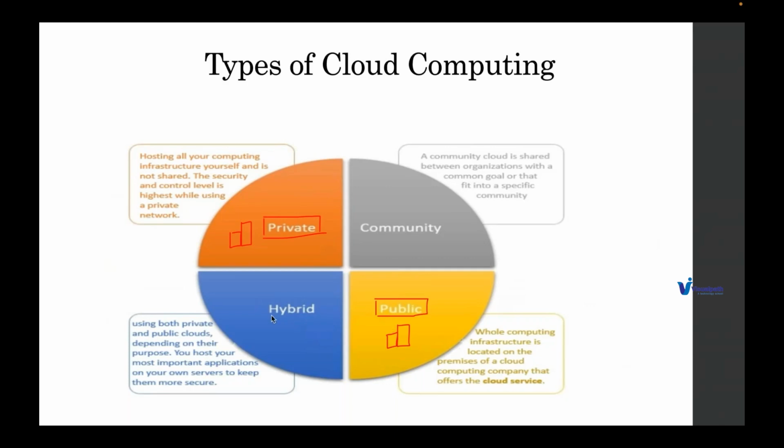And next we have the hybrid cloud. A hybrid cloud is when you have your on-premises infrastructure, your private cloud, and you also want to extend your services into the public cloud like Azure, AWS, Google. When you connect these two, and they work as one single IT infrastructure for you, we call it a hybrid cloud.